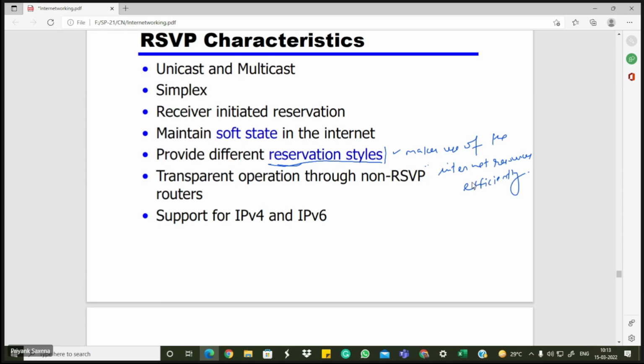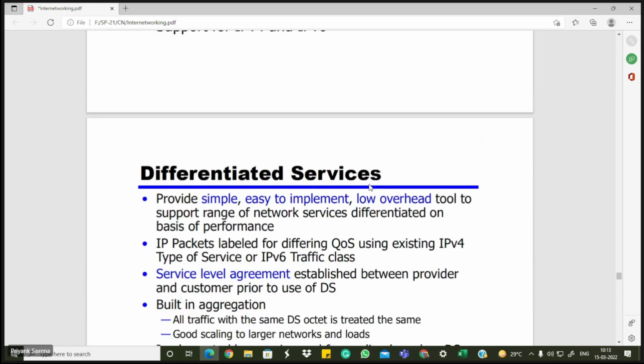Some routers deploy RSVP, some routers do not participate in RSVP, and they offer a transparent operation. It is valid for both IPv4 and IPv6.